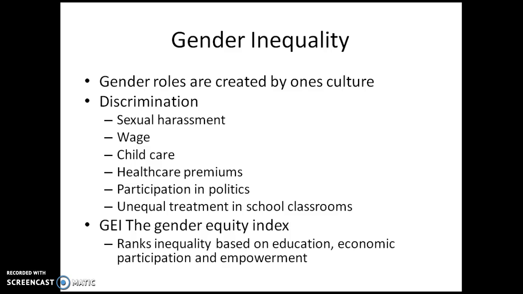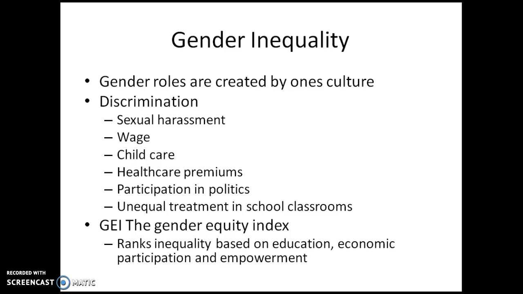The woman is typically penalized or expected to take time off when there's a child care issue. So if her kid is sick and they need to stay home, it's typically the woman who does that. And therefore, the woman is discriminated against in her job because she has children that she tends to care for. Healthcare premiums. When it comes to healthcare premiums, women tend to pay higher in their healthcare insurance than men do because they go to the doctor more frequently.